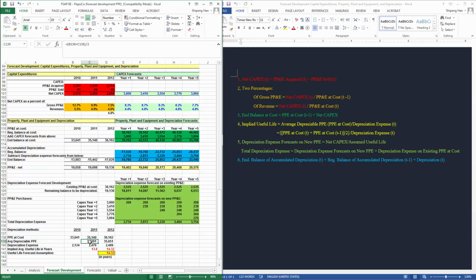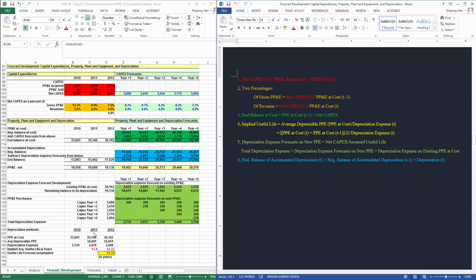And this actually is the average of the 2 years. And this is the reported depreciation expense. So the implied useful life, formula number 4, is the average depreciable PPE at cost divided by depreciation expense.